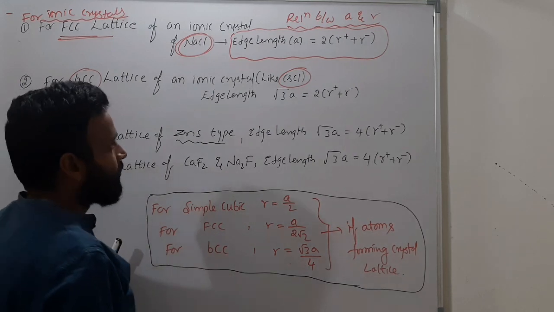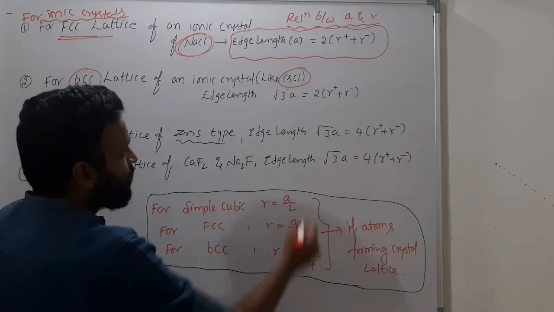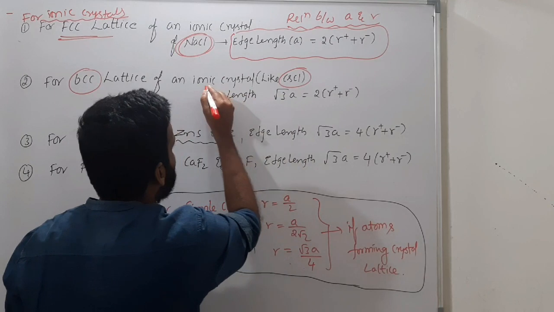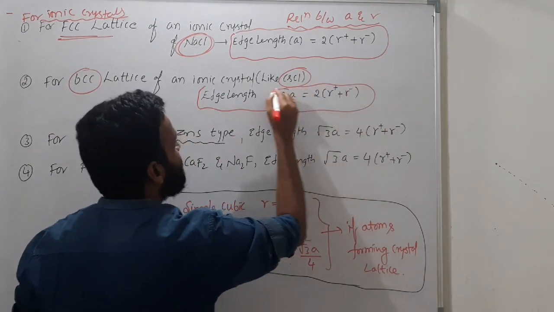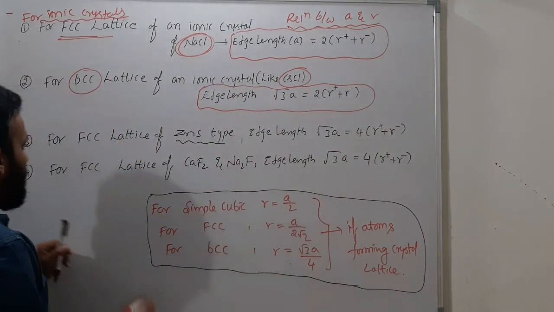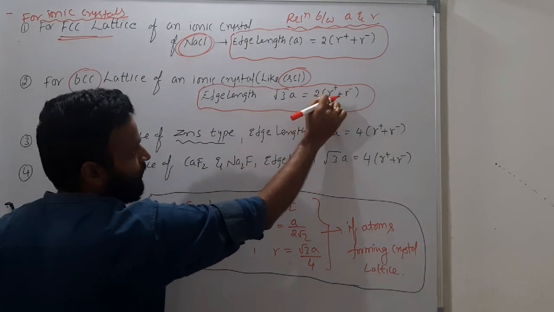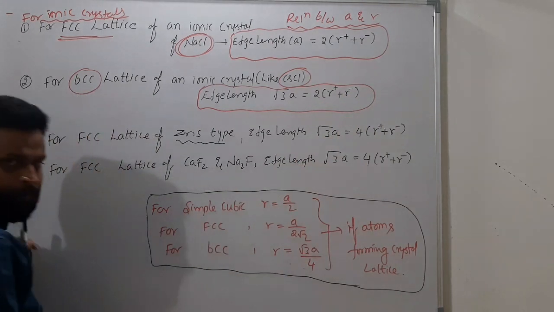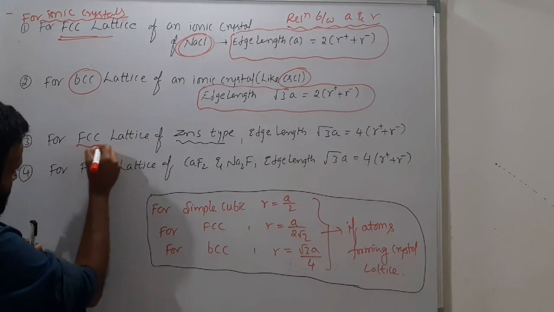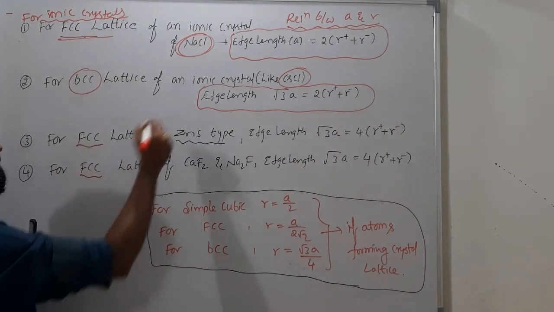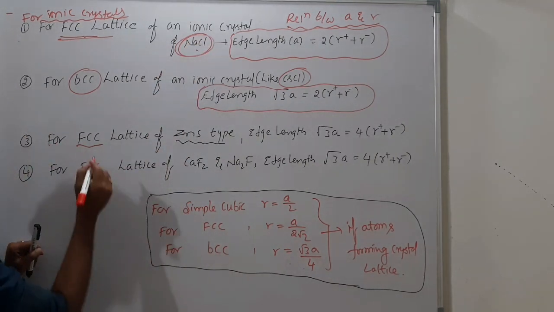Understand? So these are very important formulas for us. Root 3a is equal to 2 into edge length for BCC having a cesium chloride like structure. So edge length is equal to root 3a equals 2 into (r plus + r minus). Next, FCC only. This is also FCC, but with NaCl like structure.